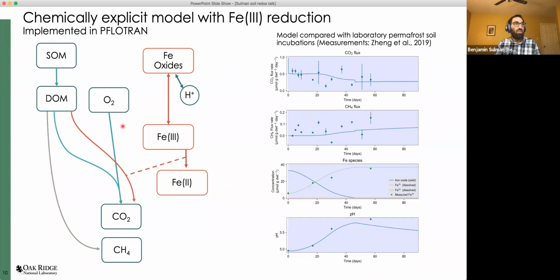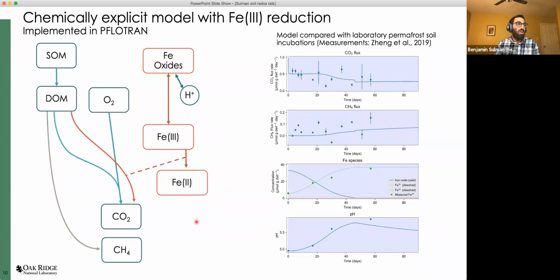If oxygen is depleted, we can introduce the iron cycle, where we have an iron reduction reaction, which is supporting the decomposition of DOM also to CO2, which also converts iron 3 to iron 2 ions. And that then allows us to introduce this iron mineral element where we have iron oxides, which are being dissolved under reducing conditions into iron 2, which also then allows us to integrate a feedback on pH.